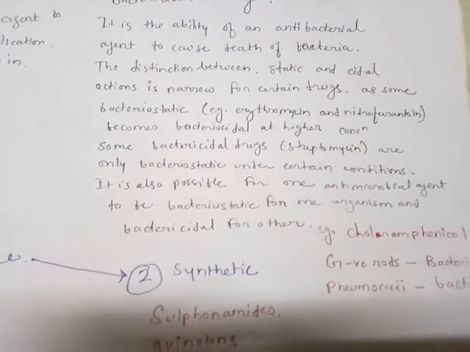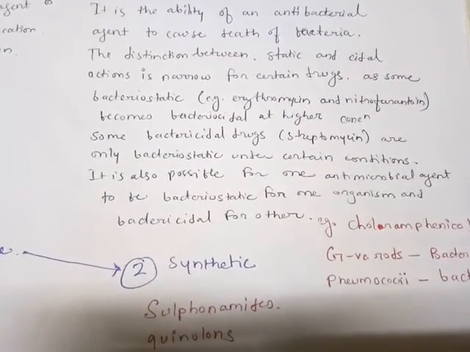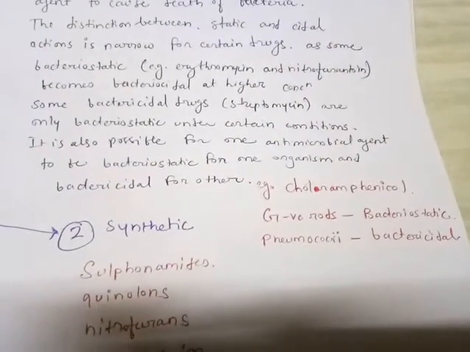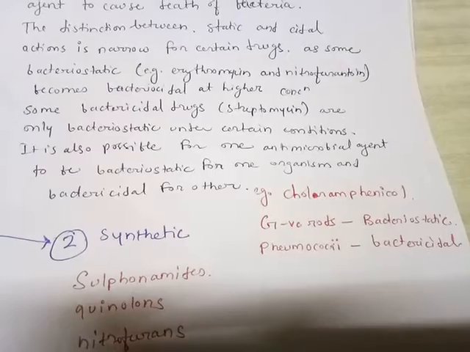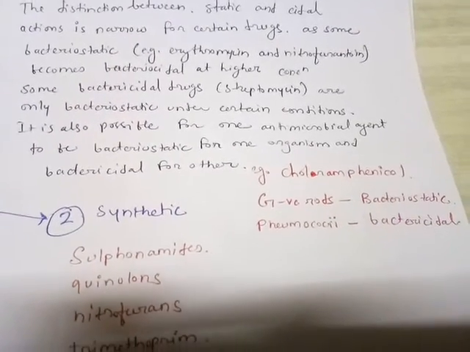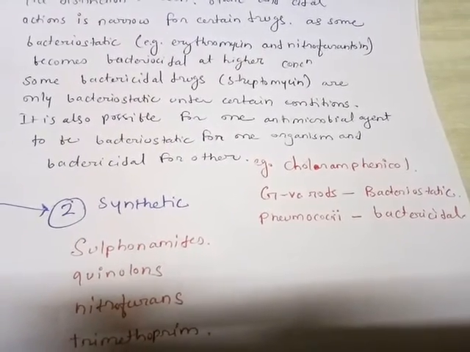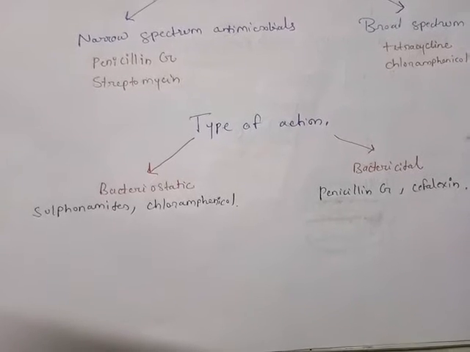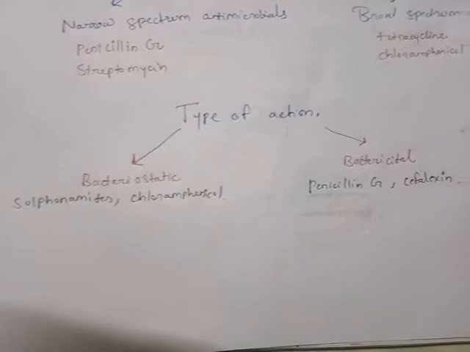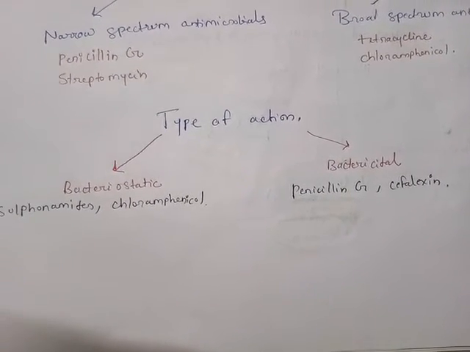It is also possible for one antimicrobial agent to be bacteriostatic for one organism and bactericidal for another. For example, chloramphenicol acts as a bacteriostatic agent against gram-negative rods. On the other hand, it acts as bactericidal for pneumococci. So, examples of bacteriostatic drugs are sulfonamides and chloramphenicol, and of the bactericidal drugs are penicillin G and cefalexin.